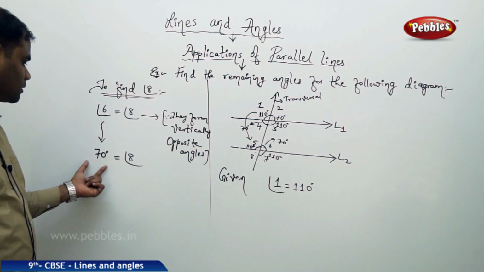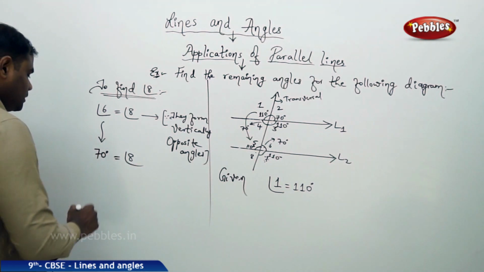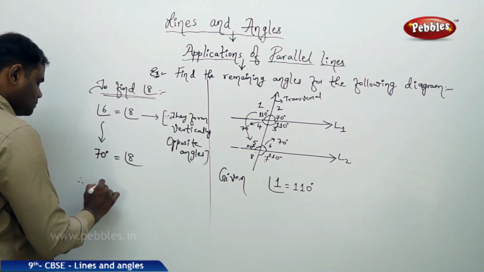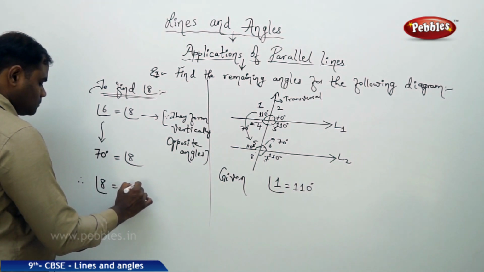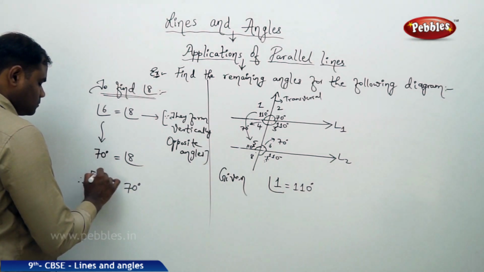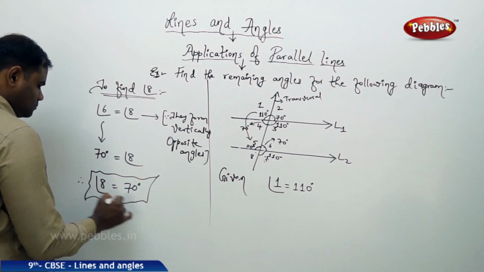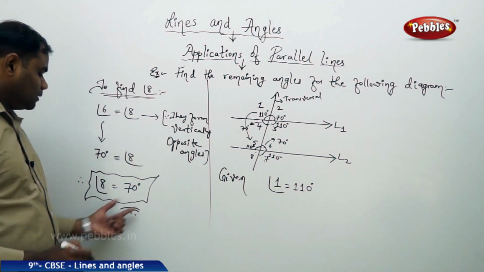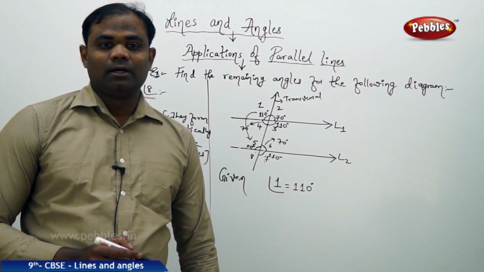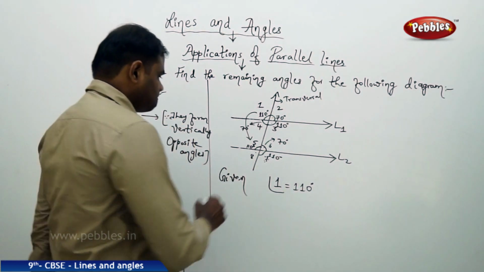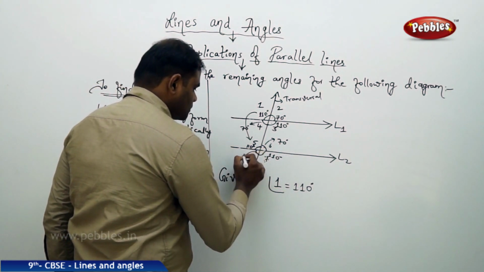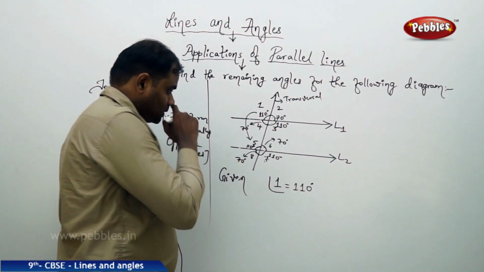Therefore, this being equal to this, now my angle 8 is 70 degrees. The last angle here is found to be 70 degrees.